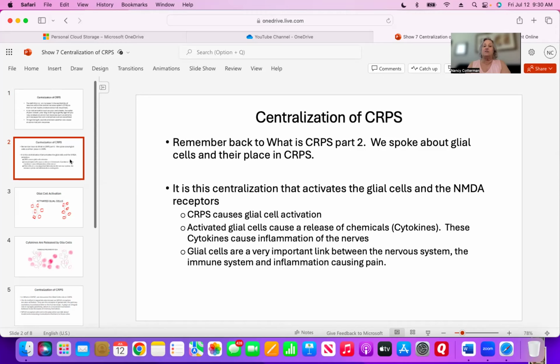Activated glial cells cause the release of chemicals called cytokines. These cytokines cause inflammation of the nerves. The glial cell is a very important link between the nervous system, the immune system, and the inflammation causing pain.